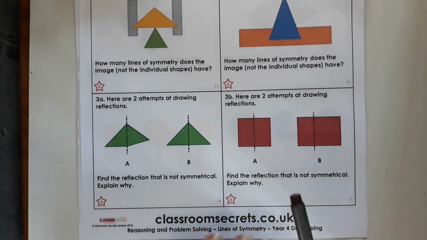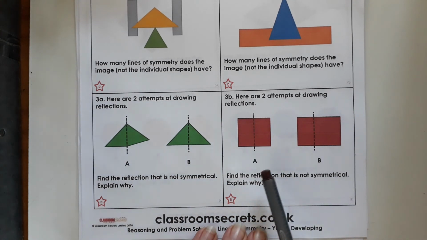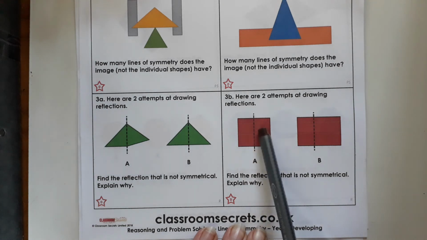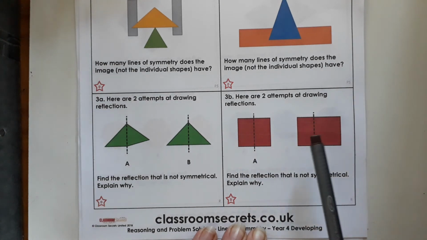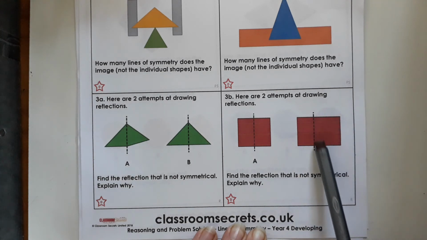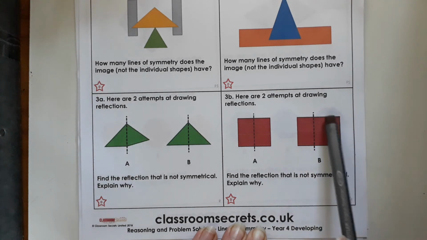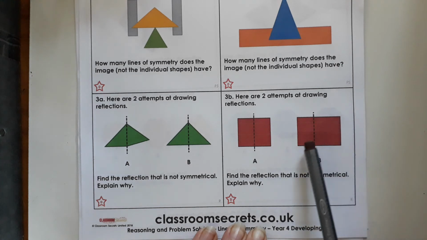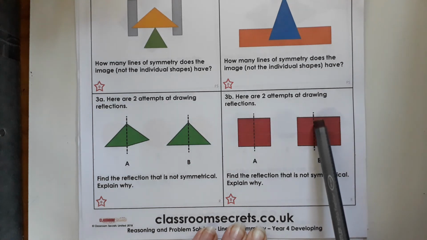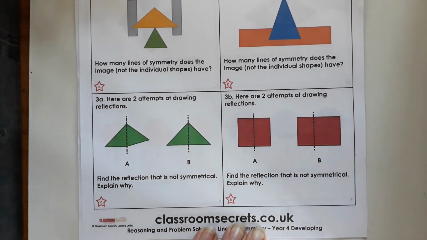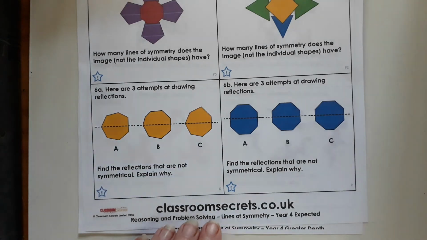And here again, you can see straight away it's the same on both sides, but in shape B, this side is bigger than this side. So our line of symmetry would have needed to come over to be in the middle.